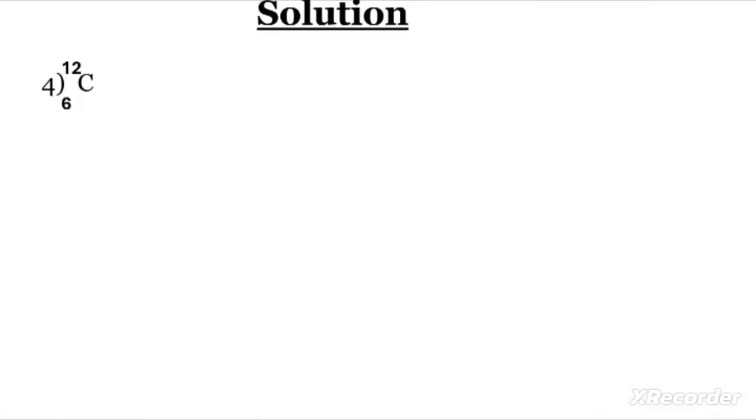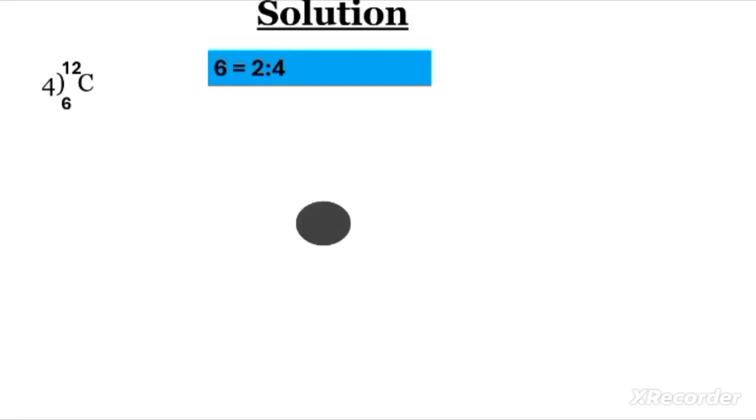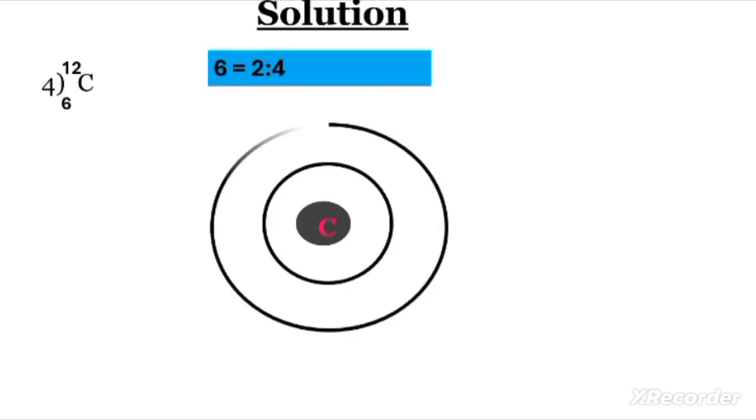We have carbon, and we can see the number of electrons here is 6. So we are going to say 6 is equal to 2, 4. So the first thing that we are going to do is to draw the nucleus. We have the nucleus here, and this nucleus is surrounded by two shells. The first shell, the second shell.